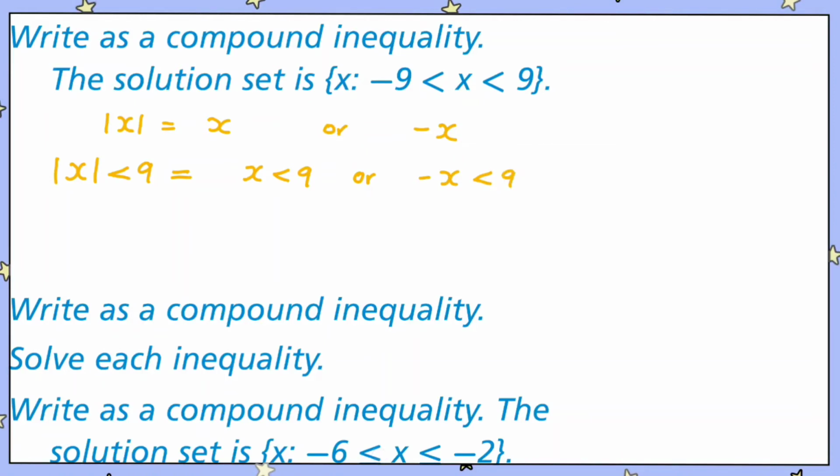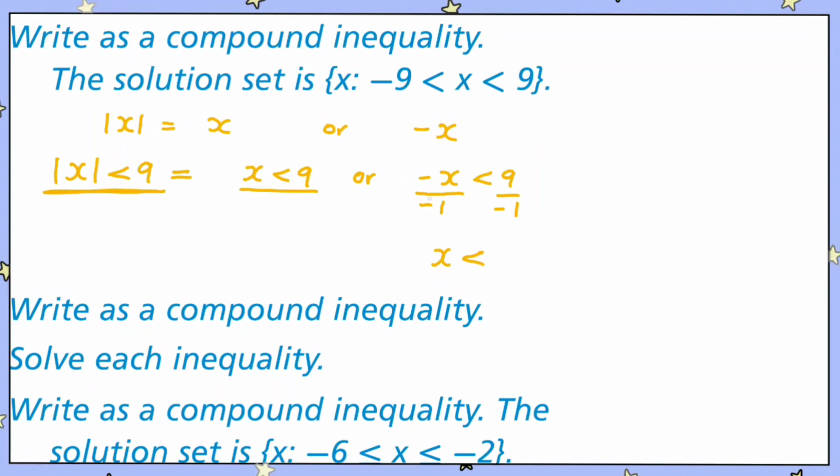So now we have two inequalities that we've taken from this compound inequality. So x is less than 9 is already a solution. We don't have to do anything more to that one. However, when we look at minus x is less than 9, we realize that we need to divide through by -1 on both sides so that we'll find out what x is on its own.